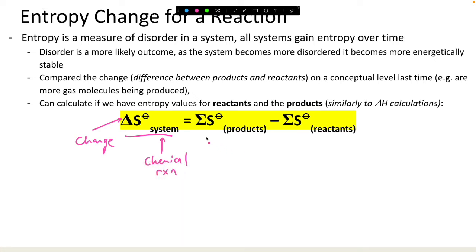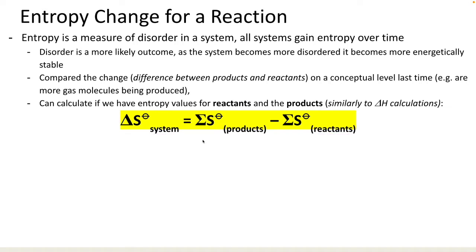This funny looking symbol is called a sigma sign. It means sum of. So we get the sum of the entropy of all the products and subtract it from the sum of the entropy of all the reactants, and that's going to give us the change. Hopefully you can follow the logic there.